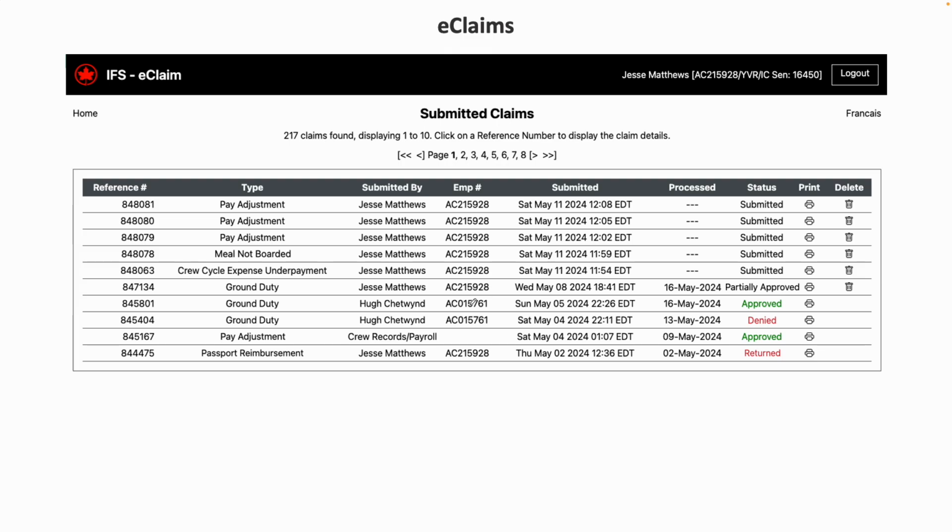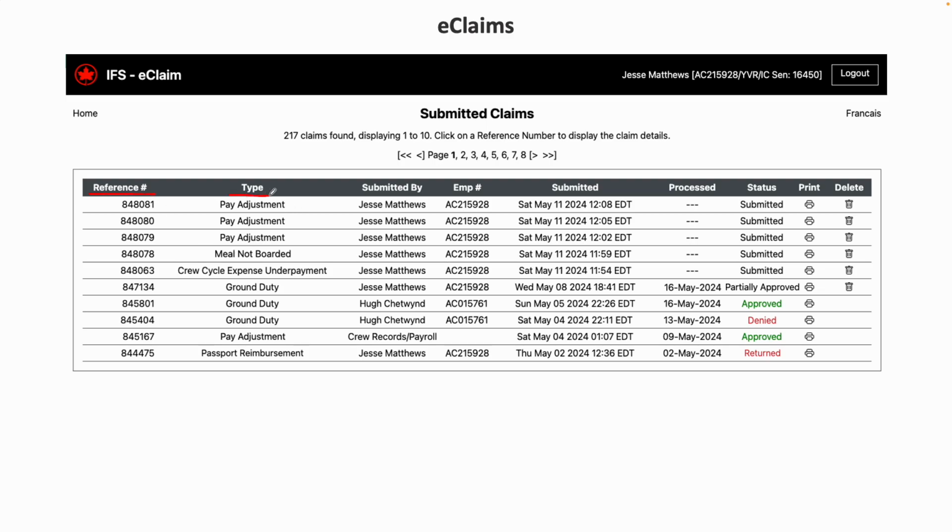In the submitted claim section, that would be the second of the two options from when you first log into eClaims. You can see a list of any eClaims that either you or someone else on your behalf have made. You can see that there are reference numbers for any eClaim that's made.